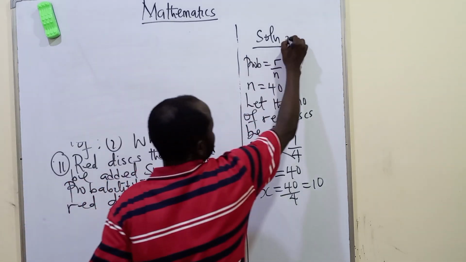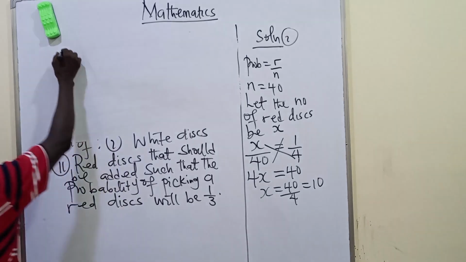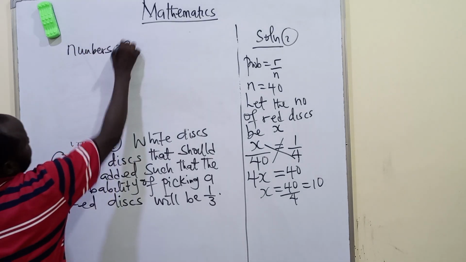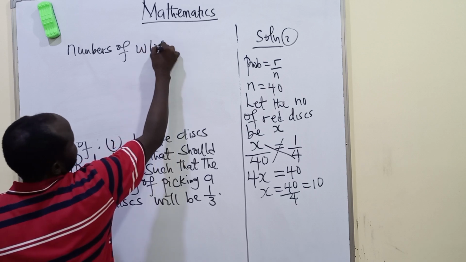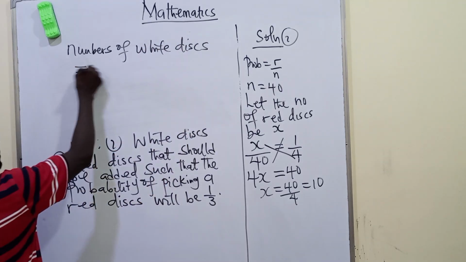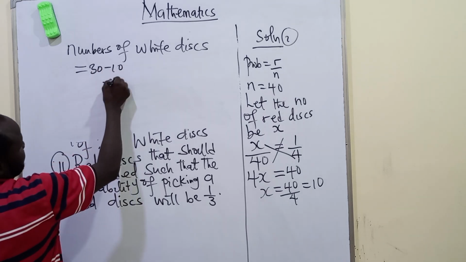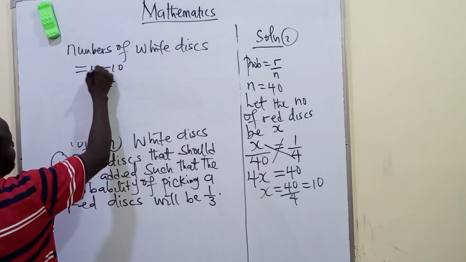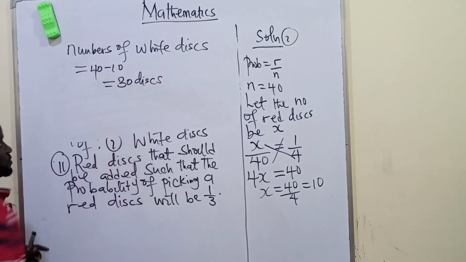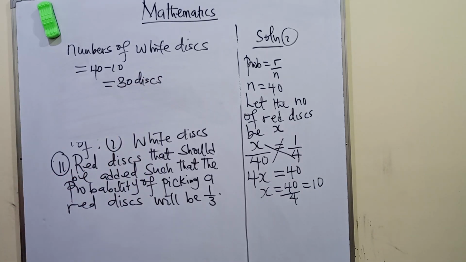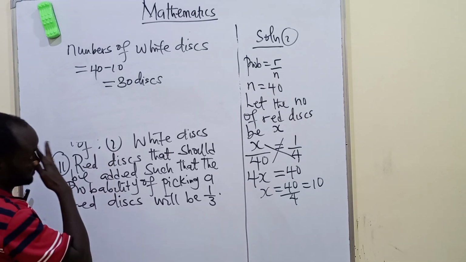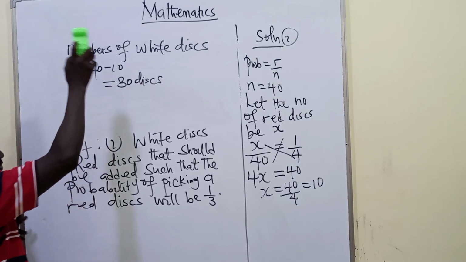This is the solution to part (i). The number of white discs will be 40 minus 10, that will be 30 discs. So this is the number of white discs in that box. This is the solution to part (i). Let's move to part (ii).